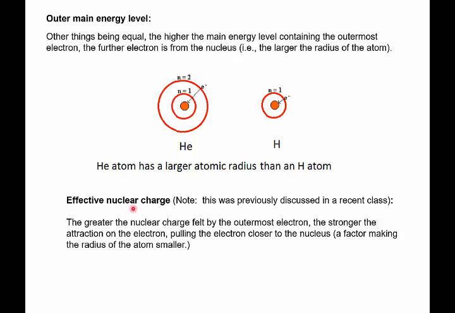With respect to effective nuclear charge, we've talked about effective nuclear charge in a previous class, but we're going to discuss it now. The greater the nuclear charge felt by the outermost electron, the stronger the attraction on the electron, pulling the electron closer to the nucleus, a factor that makes the radius of the atom smaller.